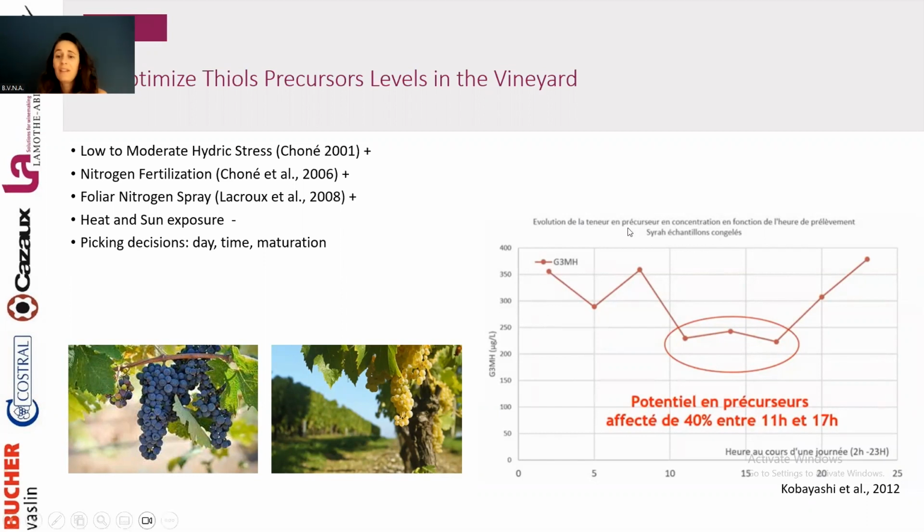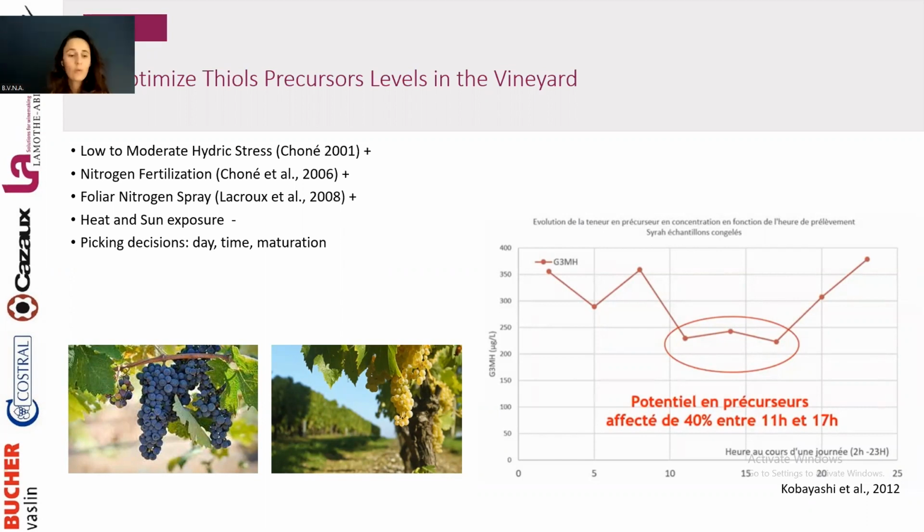And basically what's interesting is that the concentration is lowered, in this case, by 40% when we are picking between 11 a.m. and 5 p.m. And this is mostly due to the fact that there is sun and heat at this period.